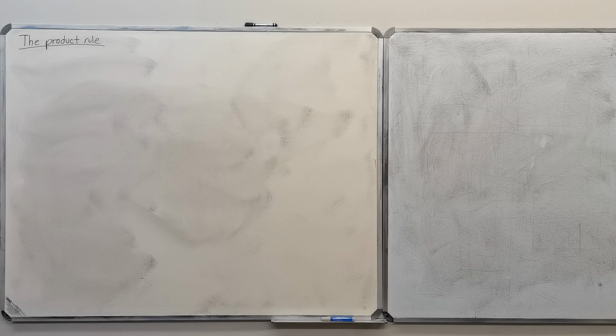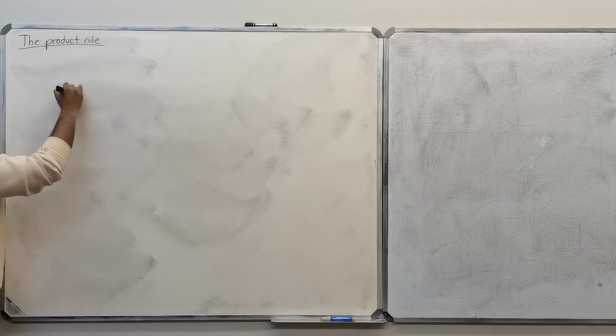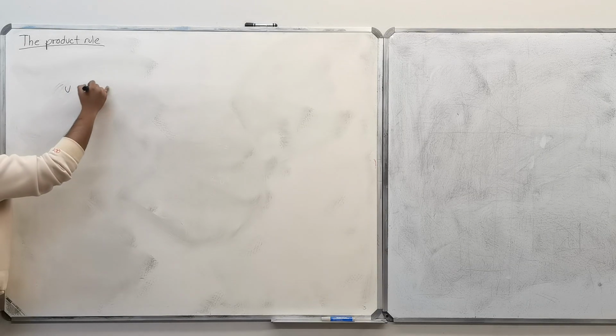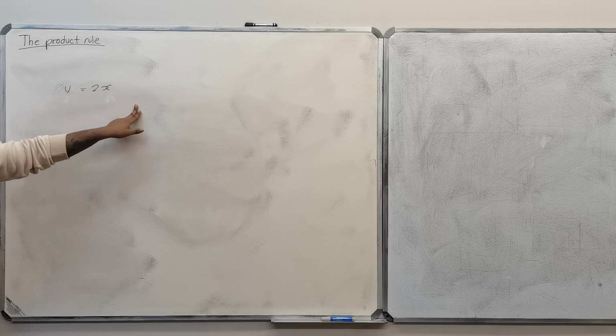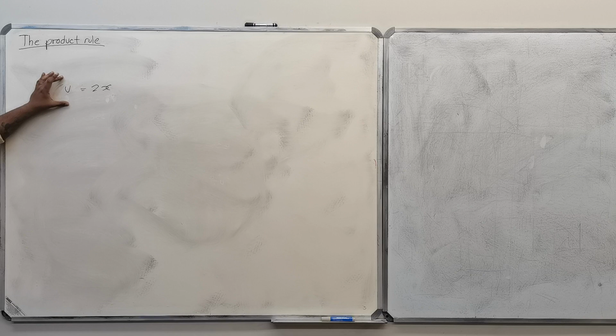Okay. So what they're basically saying is if you have an equation u, and u is equal to 2x, u is a function of x because x is your independent variable. Your u is dependent on the value of that. When we say function, we say it's a function of the independent variable.